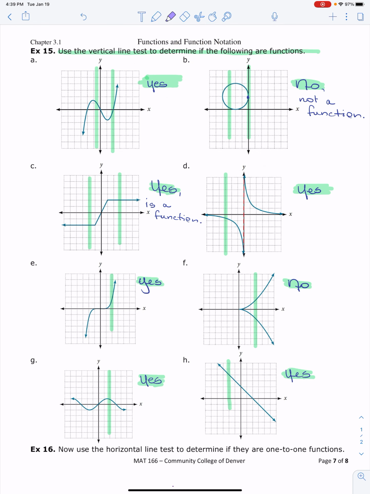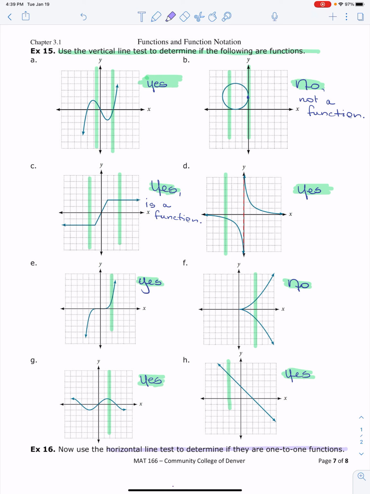So now we're going to go to the bottom here. I'll choose lavender. We are going to use a horizontal line test to determine if these functions are one-to-one. So remember that one-to-one means each X gives us only one Y. Each Y gives us only one X. So it's got to go both ways. So here's the thing. If it's going to be a one-to-one function, it's already got to be a function.